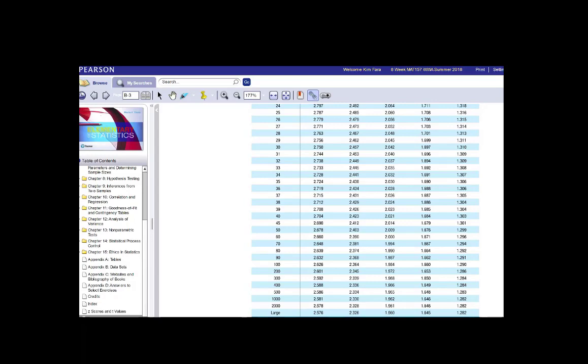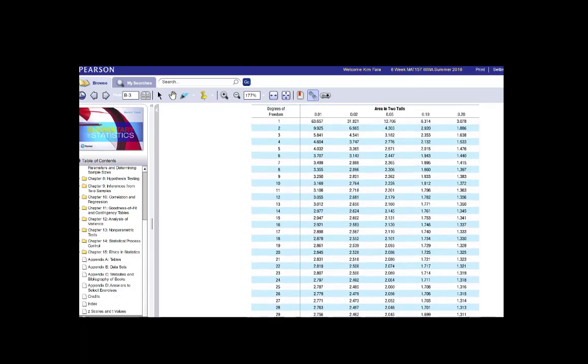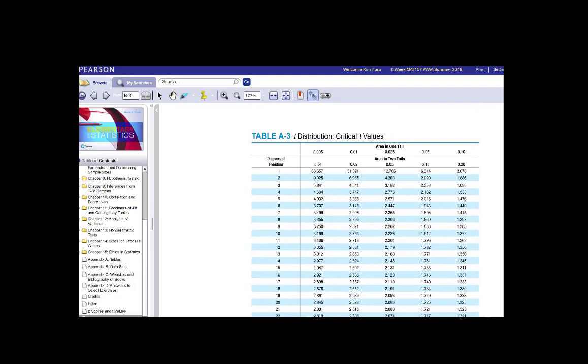Okay, we need to find our critical values first, and so our critical value, we had 195, so 200 is the closest. I need to go back to the top to see which one is my 95% confidence interval. Confidence interval always has two tails, so that would be this middle column.